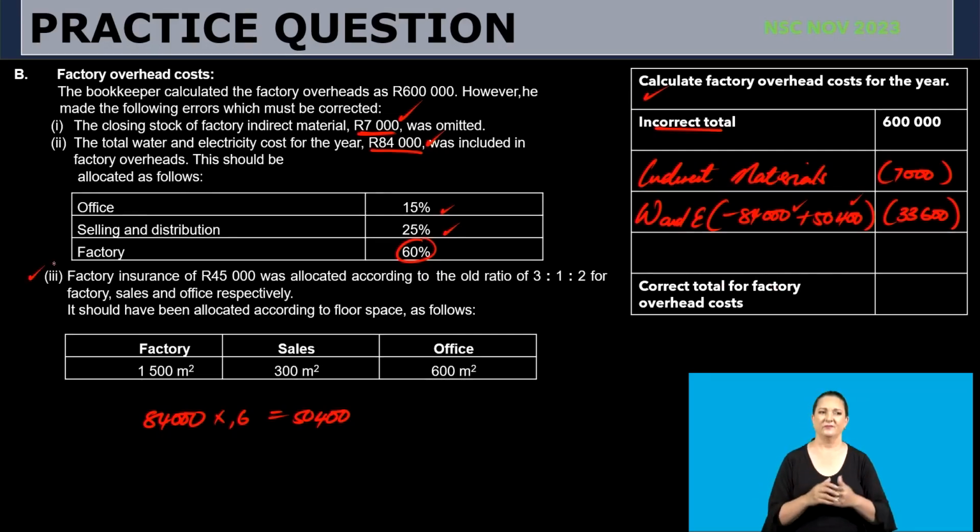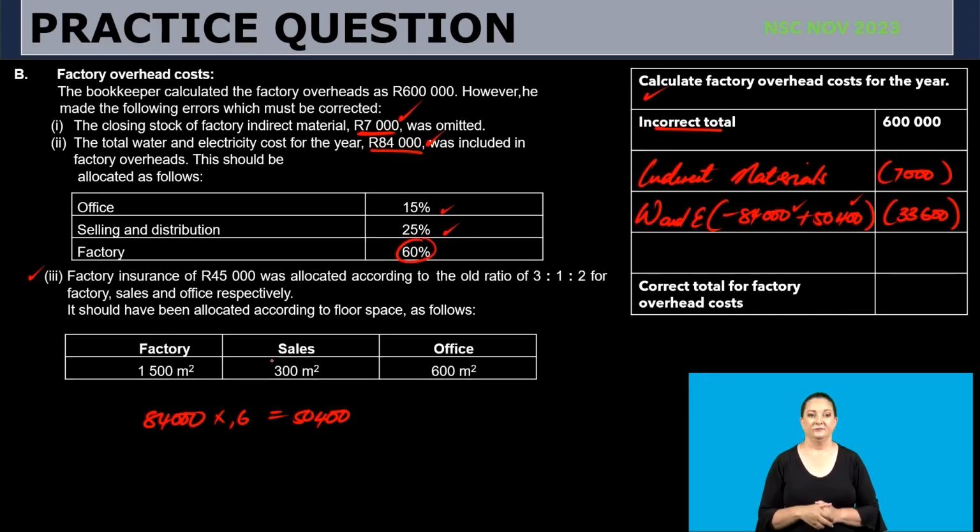And then the third one reads, factory insurance of 45,000 was allocated according to the old ratio of 3:1:2 for the factory, sales, and office respectively. It should have been allocated according to the floor space as follows. Okay?